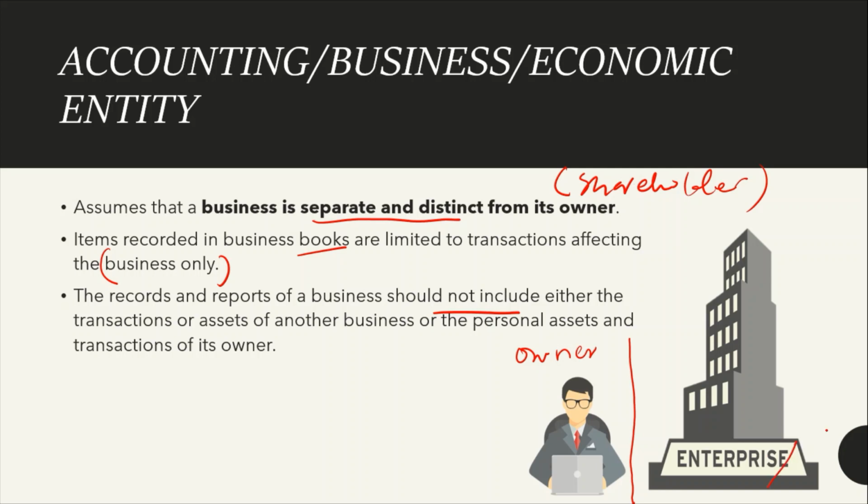You must never record any assets owned by the owner in the business reports, and the business assets only stay in the business, never reported in the same report. Separated, that's what the assumption means.